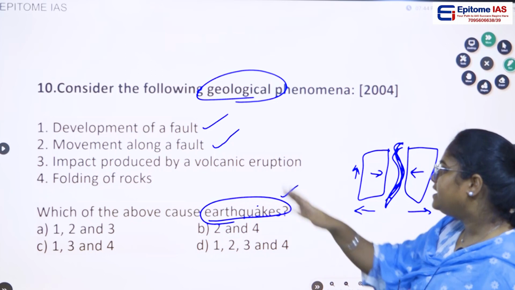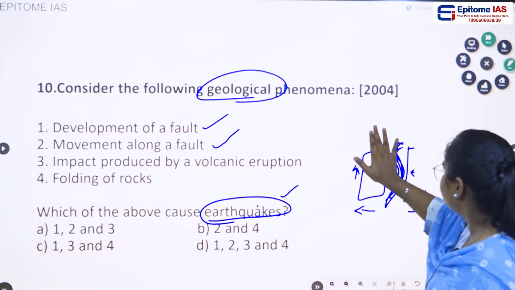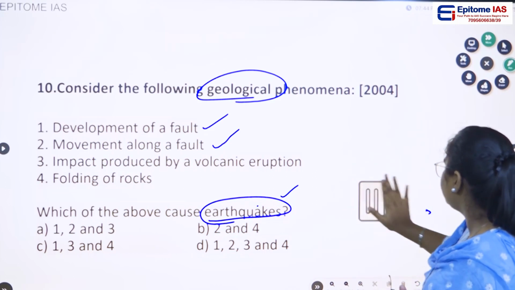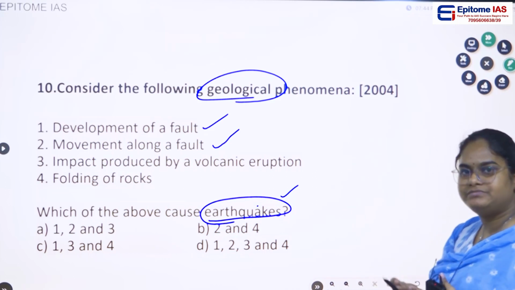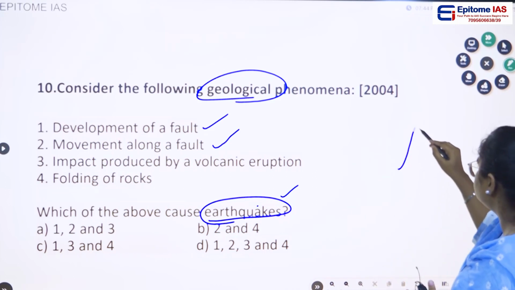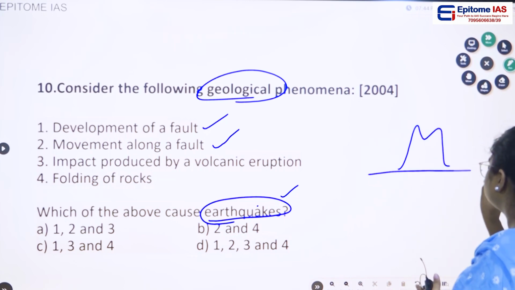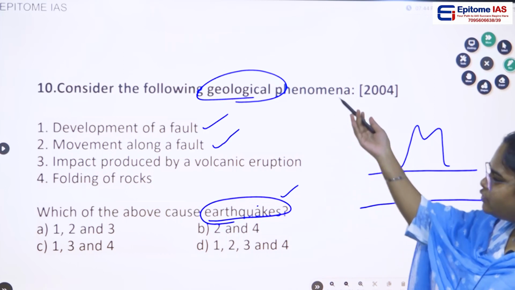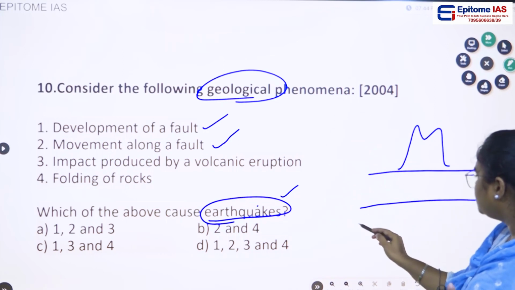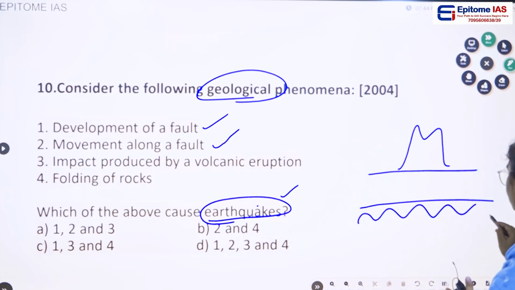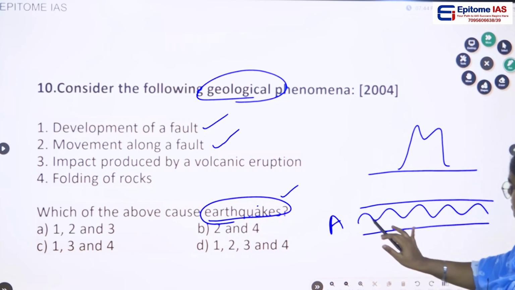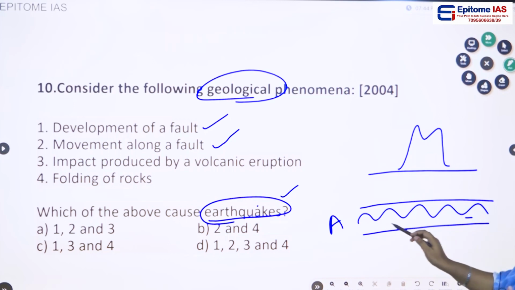Next we have impact produced by volcanic eruption. So do volcanic eruptions cause earthquakes? Let's say this is the volcano, the structure of a volcano, and a few questions back we read that the magma chamber is present in the asthenosphere. Let's say this layer is the asthenosphere and there is the magma chamber.